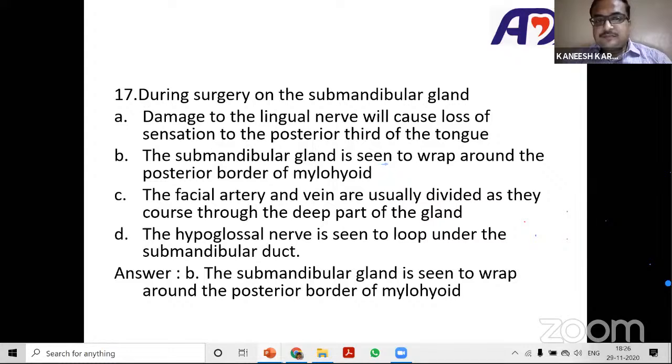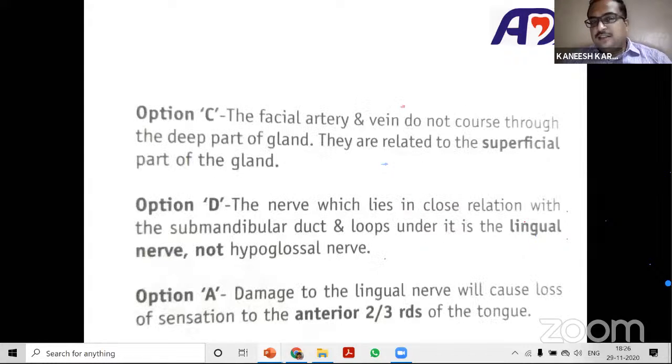Okay. This is the explanation. The facial artery and vein do not course through the deep part of the gland. They are related to the superficial part. Okay. Option D, the nerve which lies in close relationship with the submandibular duct is the lingual nerve, not hypoglossal nerve. Damage to the lingual nerve will cause loss of sensation of the anterior 2/3. Okay.